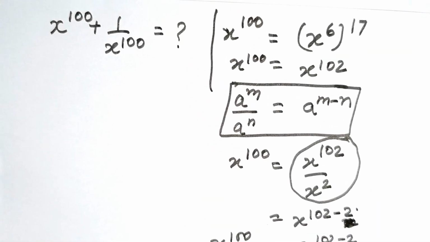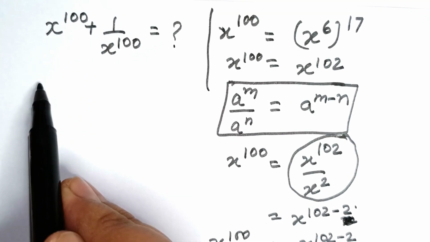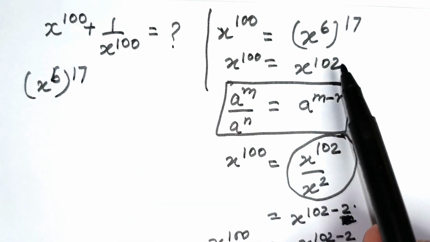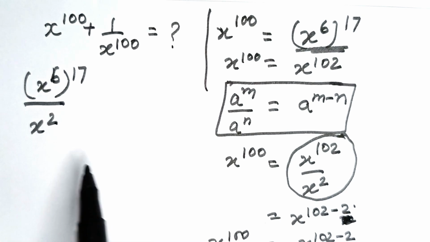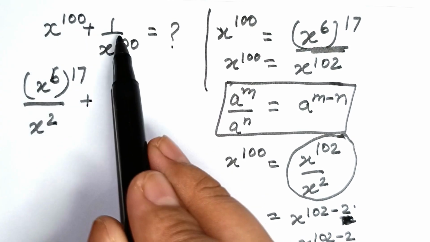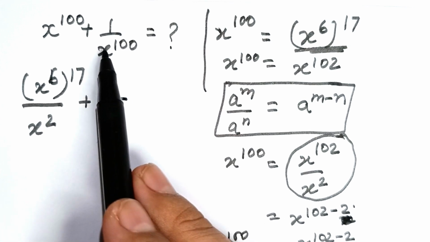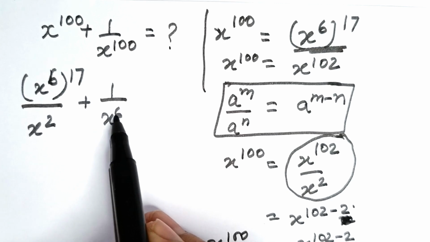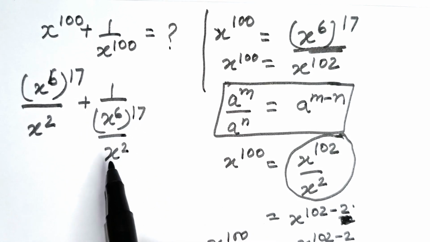Now in place of x to the power 100, we will write x to the power 6 to the power 17 upon x to the power 2, plus 1 upon x to the power 100. 1 upon x to the power 100 can be written as x to the power 6 to the power 17 upon x to the power 2.